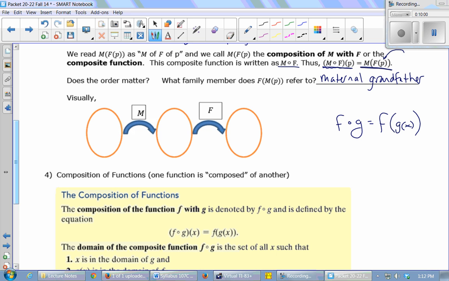The father of the mother of person P. Your mom's dad is your maternal grandfather. So we put person P in here, their mother is M of P, and then you look at the father of that person, so that would be the grandfather.